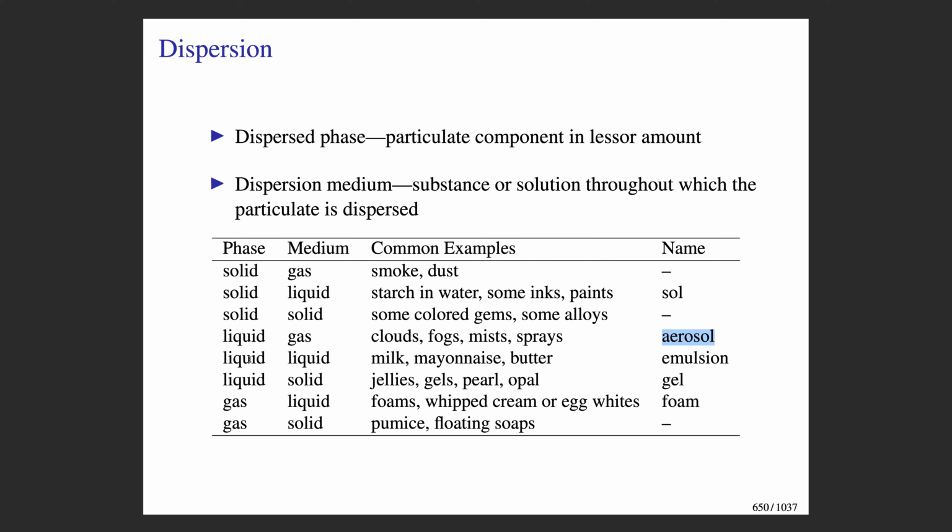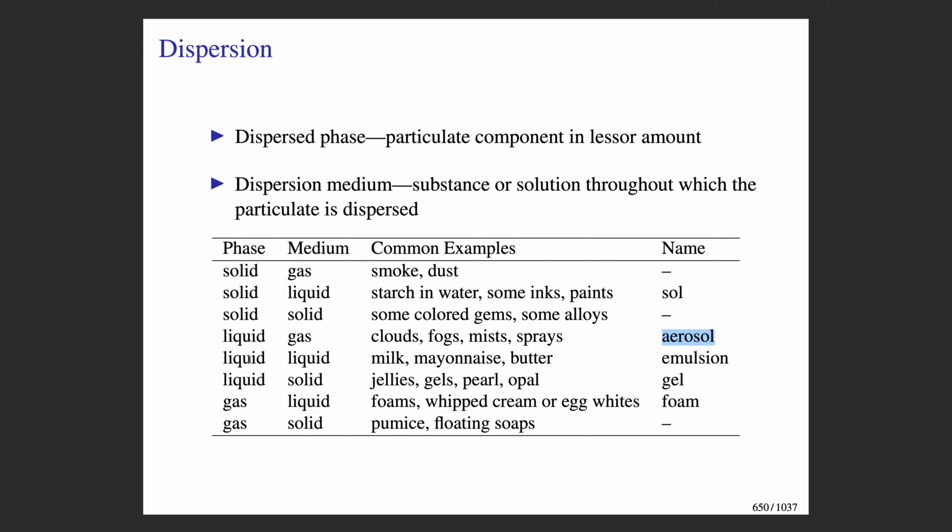The other approach would be the bottom-up approach, where you build the colloidal particles from smaller units. For example, a cloud grows from a water droplet that's in the atmosphere. Building up the colloidal particles from smaller particles is the condensation approach.